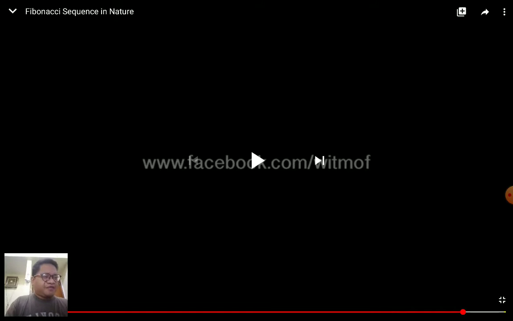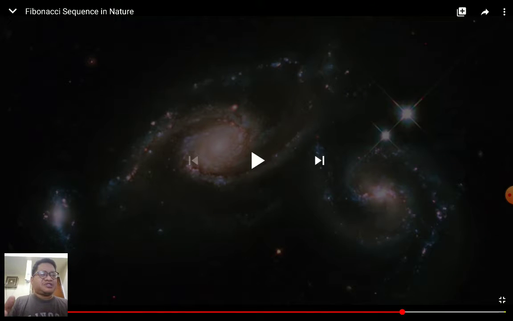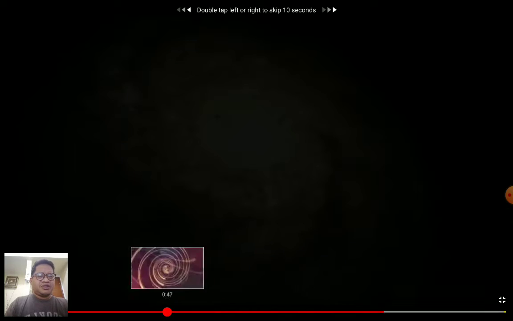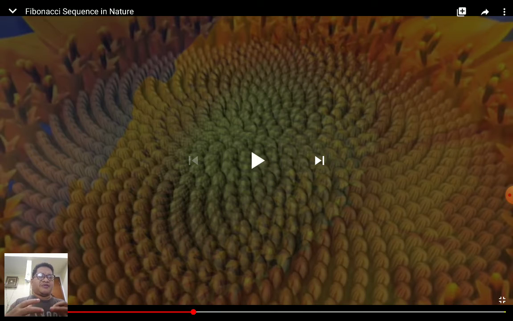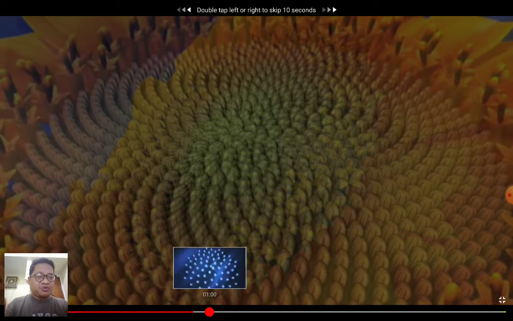Okay, so in that video, you have seen a lot of beautiful patterns in nature. When you look at the sunflower and count it, it will follow a sequence called the Fibonacci sequence. We will deal with that Fibonacci sequence in a short while.